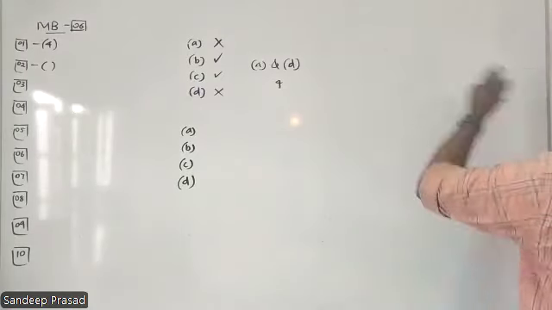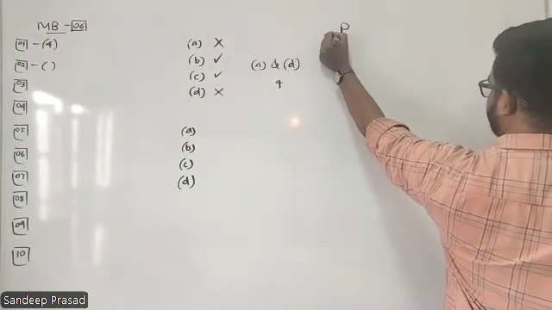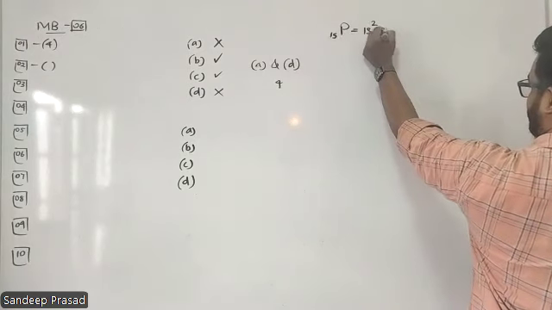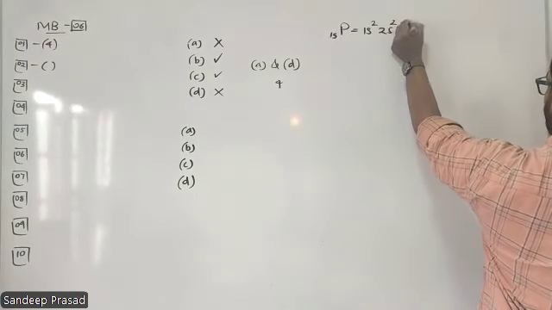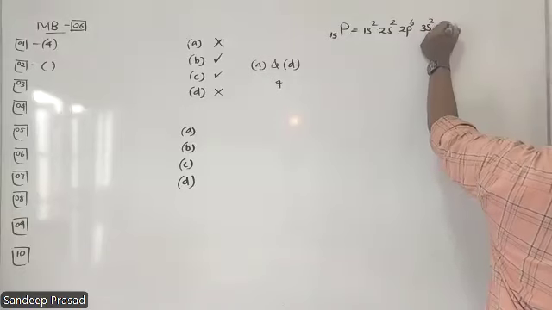Now, we know that the phosphorus electron configuration is 1s2, 2s2, 2p6, 3s2, 3p3.